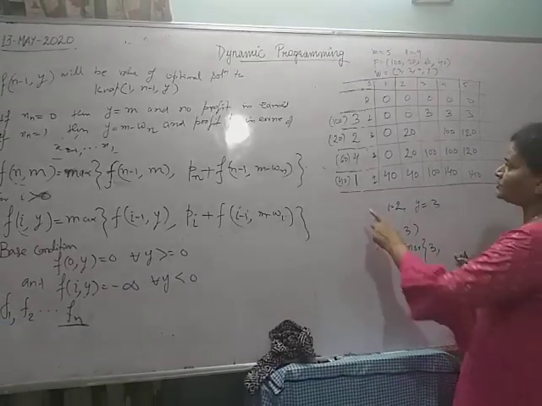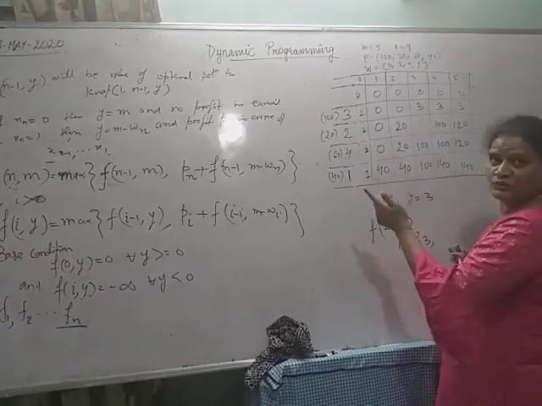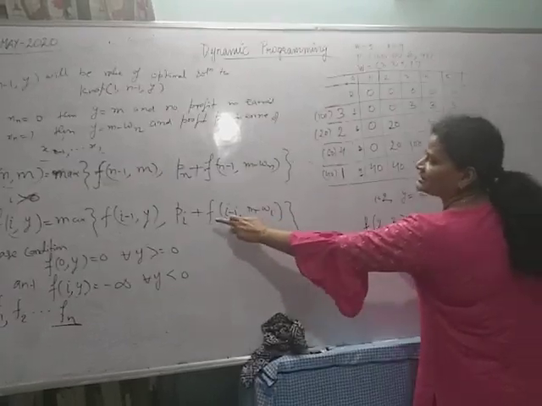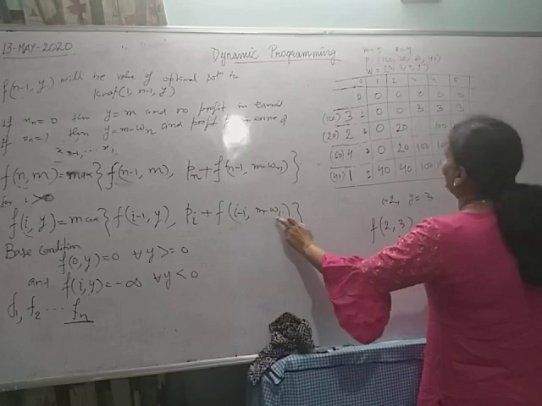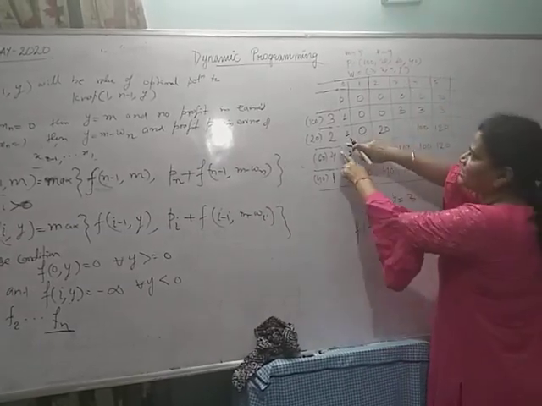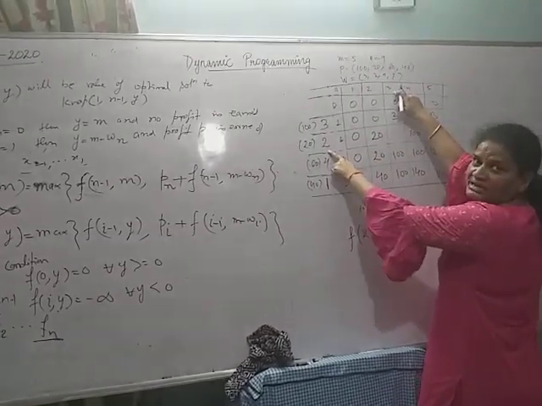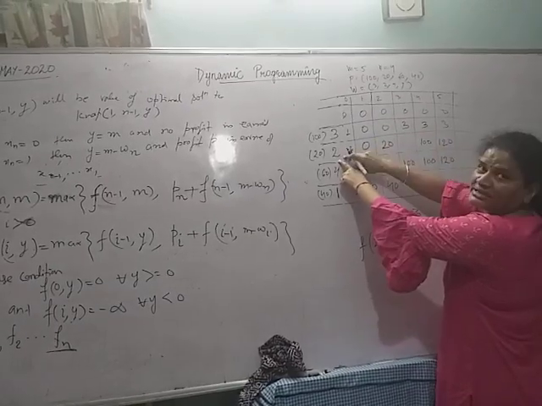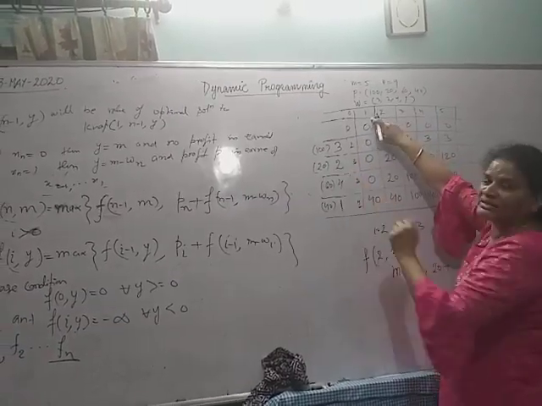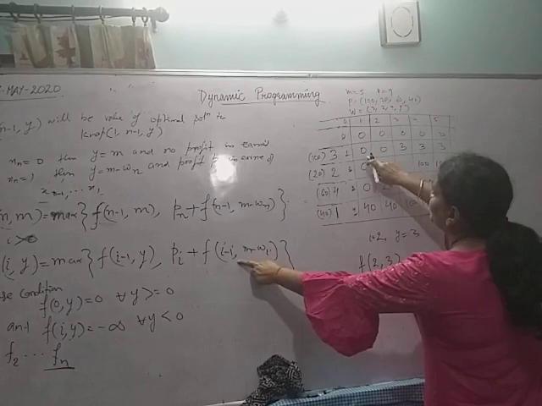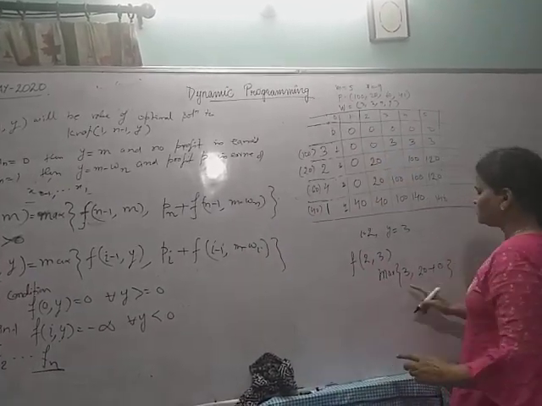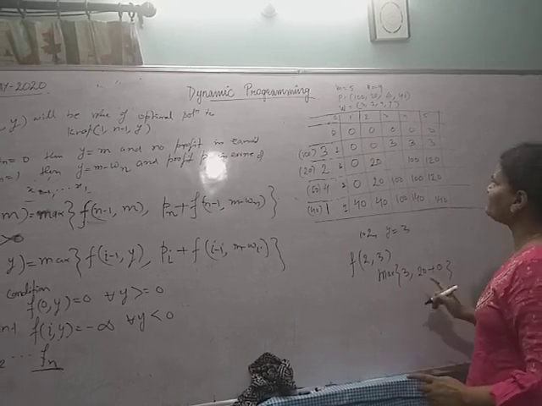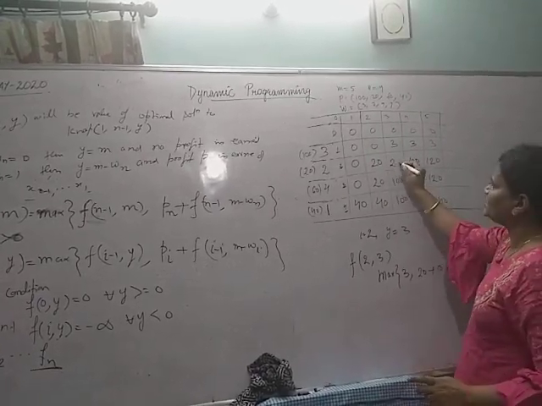And if the second object is included, then the profit earned is 20 plus f(i-1, y - w). After including this one, the capacity is 3 minus 2, that is 1, but f(i-1, m - w1) is 0. So it will give the maximum of 3 and 20, which is 20.